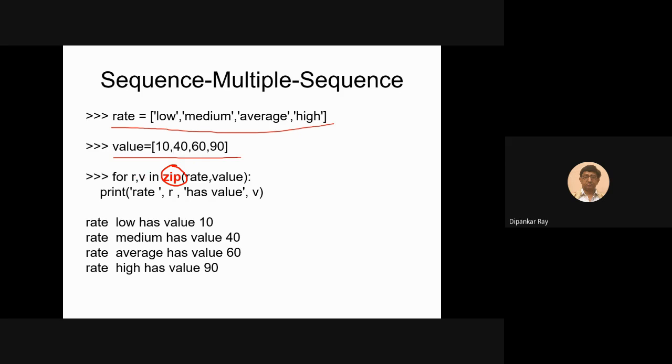So what zip will do, it will take the first value from the rate and the first value from the value, that is low and 10, and it will put low to r and 10 to v. So rate of r has value v. It will display rate of low has value 10. Then again it will take the medium and 40. Rate of medium has value 40. Rate of average has value 60. Rate of high has value 90.